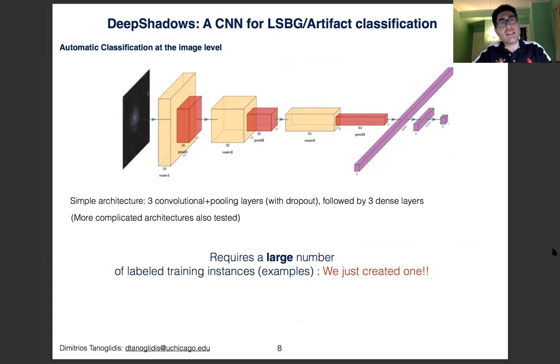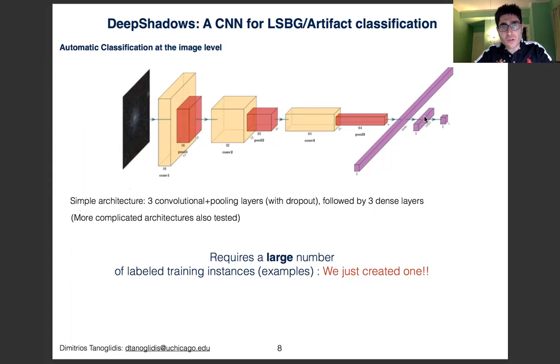So here I'm going to present the main result of this paper, the main part of this work, which is using a convolutional neural network to classify low surface brightness galaxies and artifacts, at the image level. We are going to use a simple architecture for the convolutional neural network, consisting of 3 convolutional layers followed by pooling layers with dropout, and then followed by 3 dense layers.